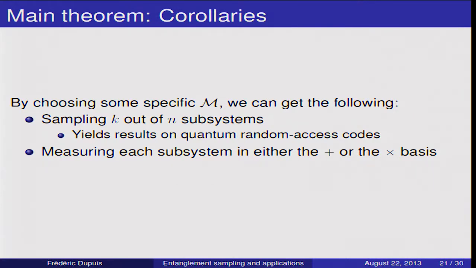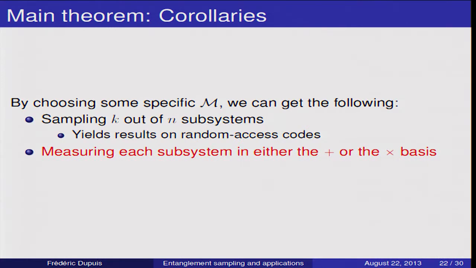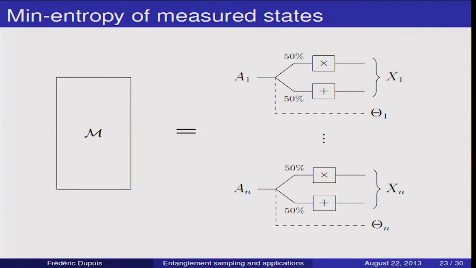Another thing you can do is plug in an M that takes each subsystem and measures it in a random basis. And this is what's going to be relevant to analyze our protocol. So more specifically, what our M is going to do is take each of the qubits and with 50% probability measure in the x basis, 50% probability measure in the plus basis, and tell us which basis it picked.